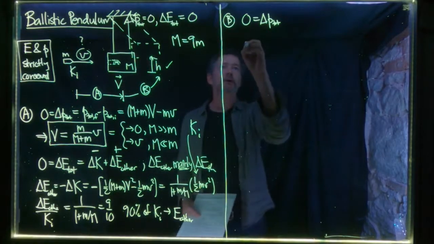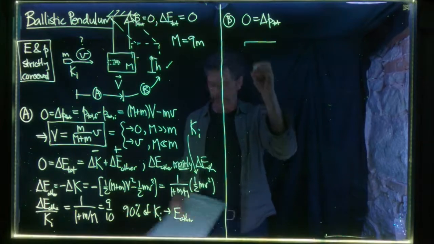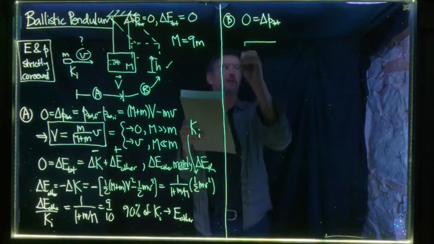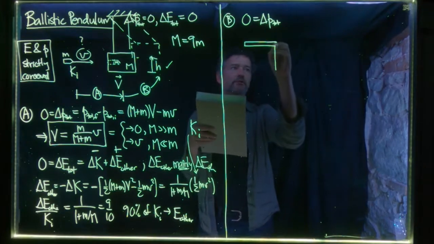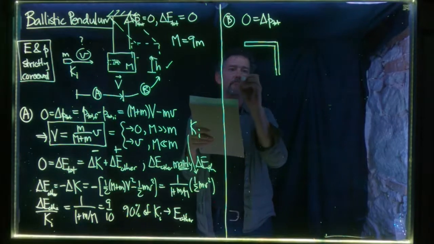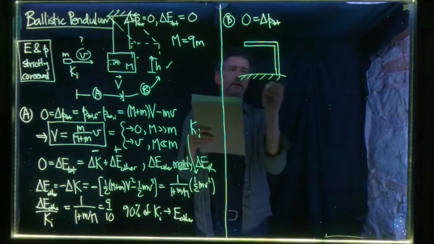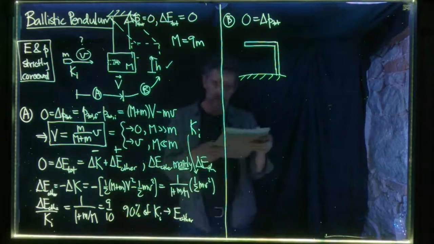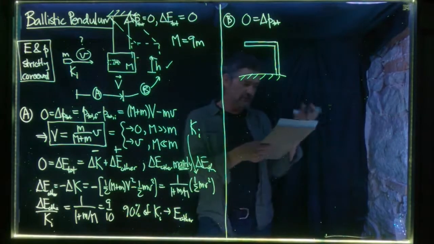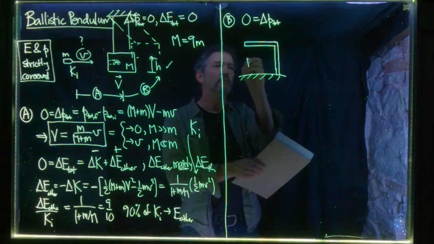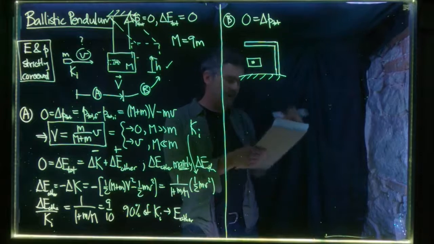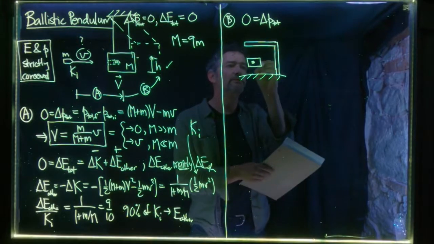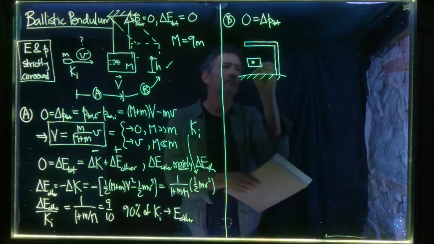So here's the ceiling, so to speak. Let me try to fit this all on. Yeah, so this is the ceiling, and it is attached to the Earth over here. This is the Earth. Okay, and for part B, the original situation is we've got a block of mass big M with a bullet inside of mass little m, and that whole thing is moving to the right with some speed, big V, and so this thing has some momentum.